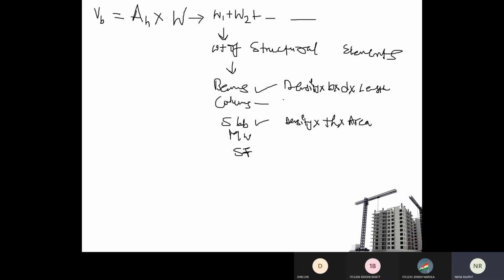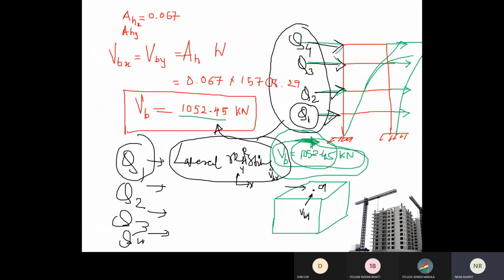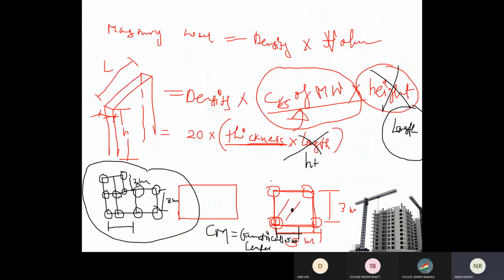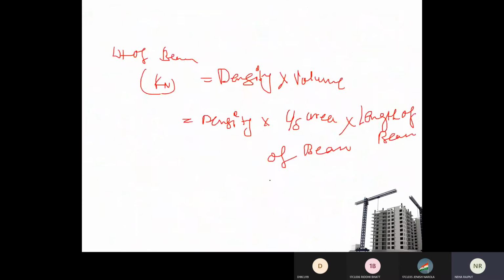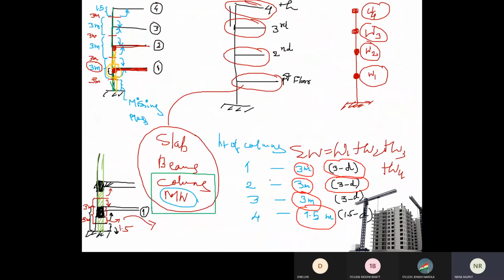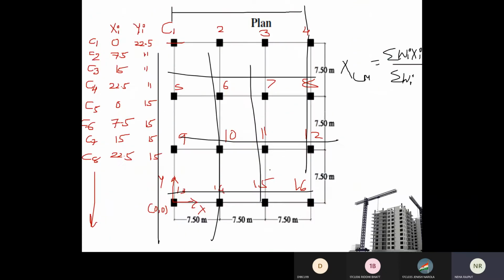For column, density into cross section, B into D into height, and in this height you need to see the criteria that the vertical member load is half distributed to above and half distributed to below the floor, like this way, right? So this is column.